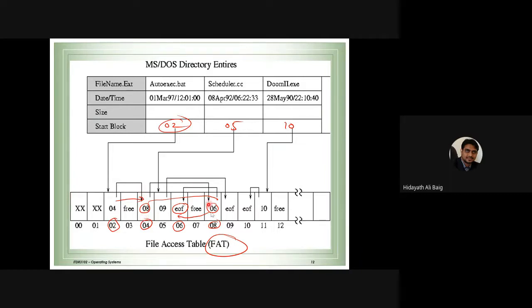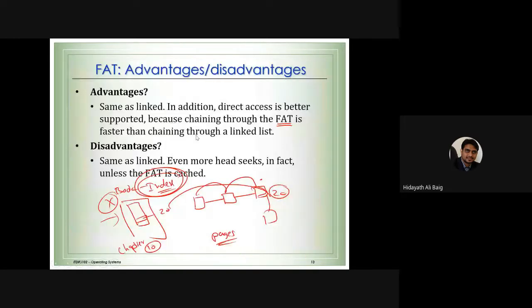Your next page is page number 6. So likewise, easy. This is like an index of the book. That is the advantage of the file allocation table or file access table. What are the disadvantages? Same as linked allocation, we need to have a lot of head seeks.